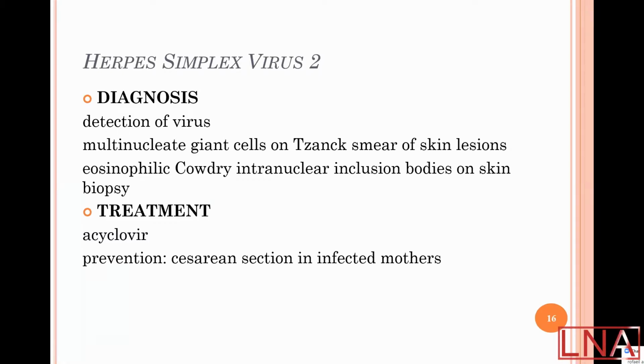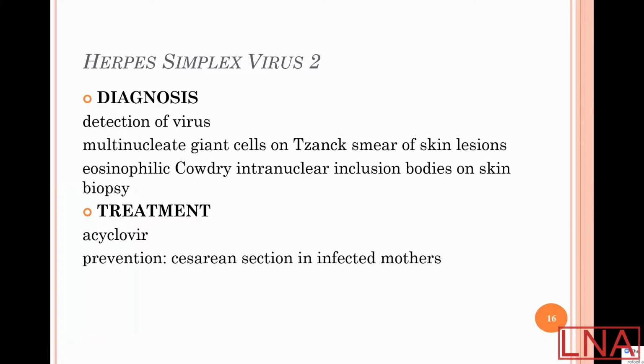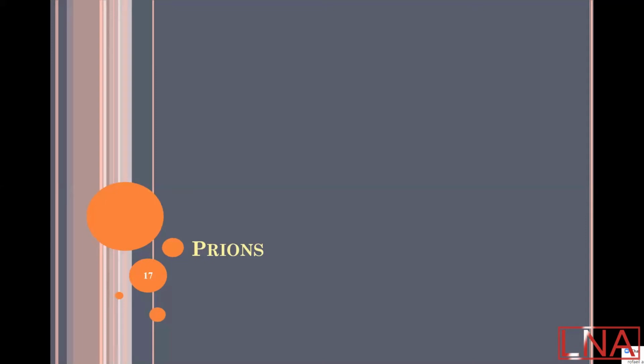So prevention for neonatal herpes is a cesarean section in an infected mother. It will prevent infection because the virus does not penetrate through the placenta into the infant. Contamination happens only during natural delivery. So that's it about the herpes viruses.